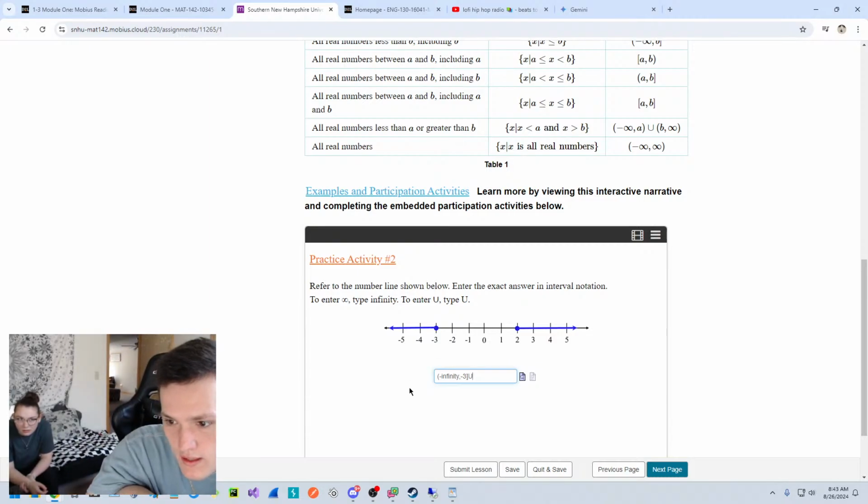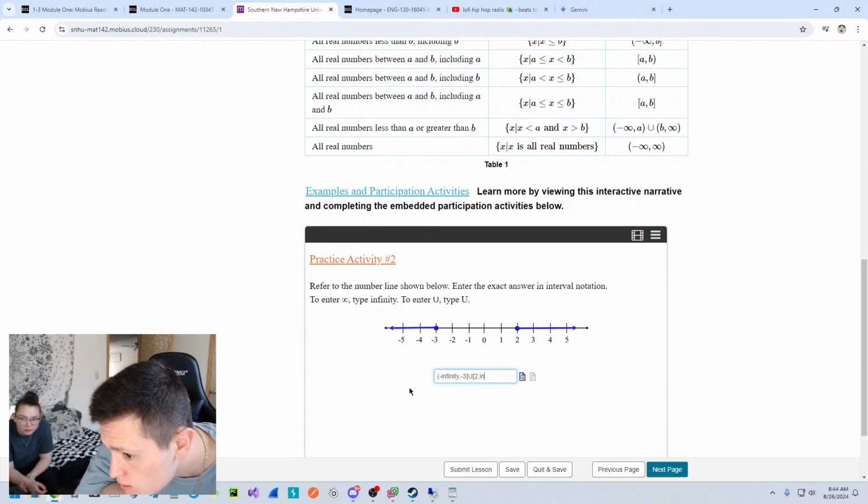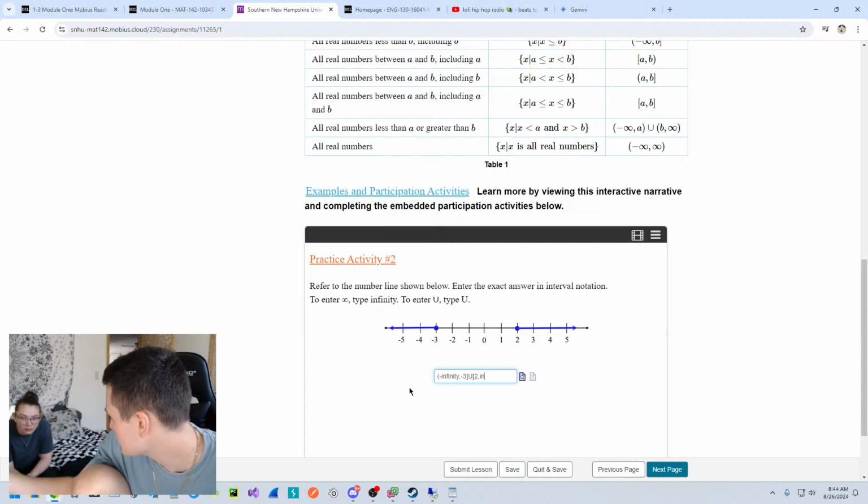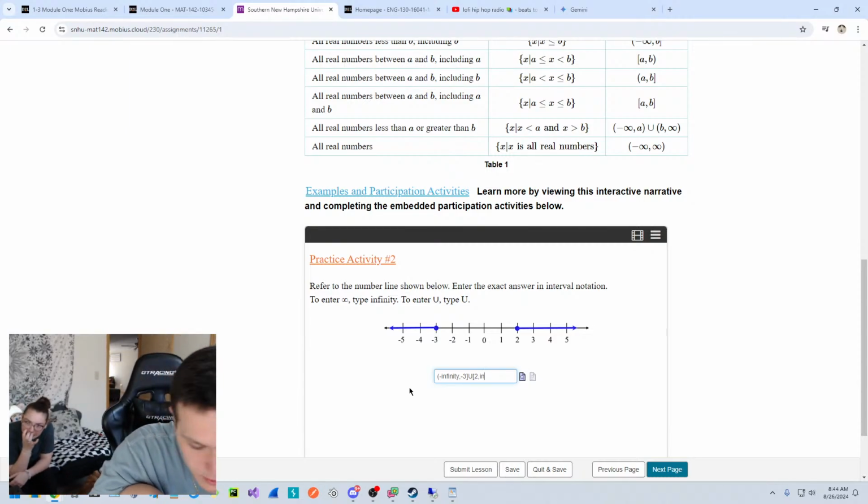U, then it would be square bracket because we're including positive 2. Infinity. No, it's infinity first. No, it's not, because you're going from 2 to infinity. Oh, yeah. That's where you're ending.